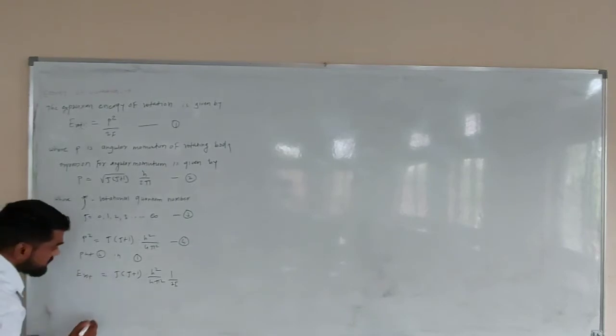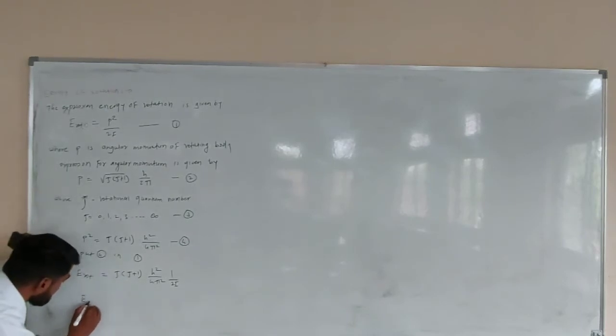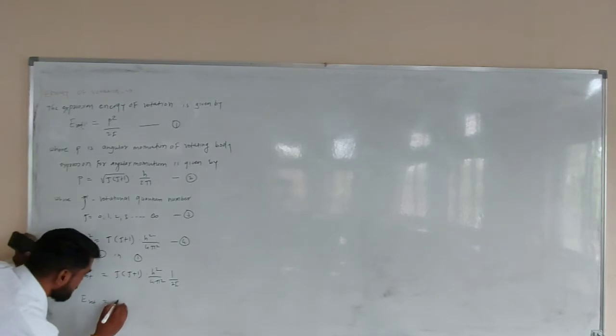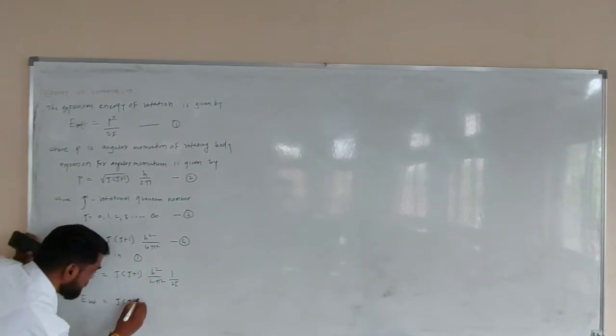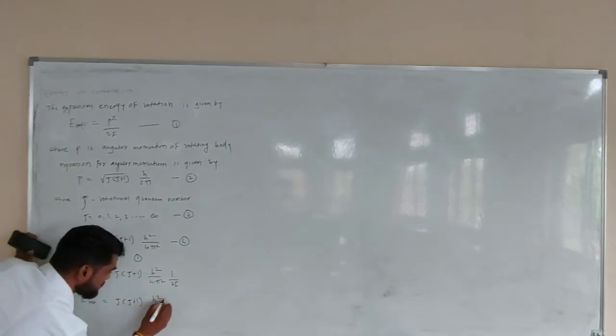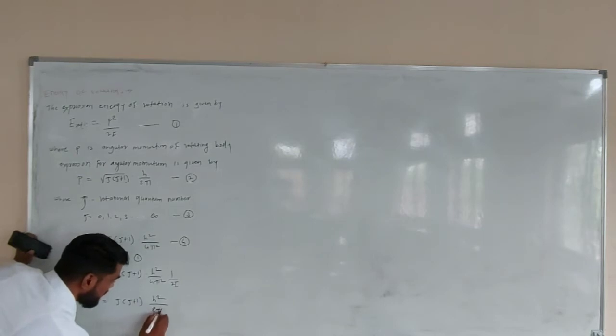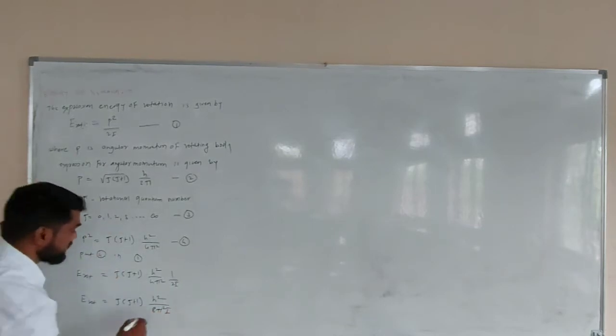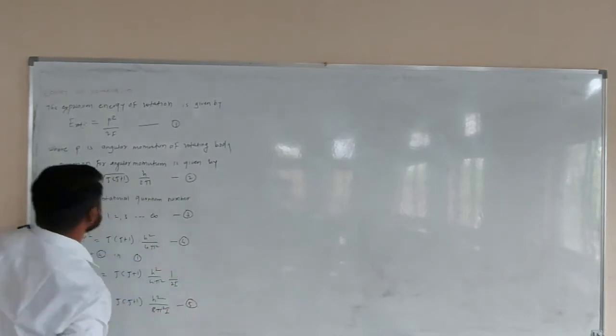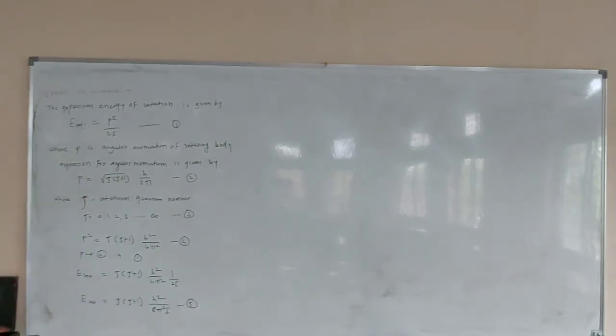Multiplying these, the equation is E rotational is equal to J into J plus 1 into h square upon 8 pi square I. This is the equation for energy of rotation.